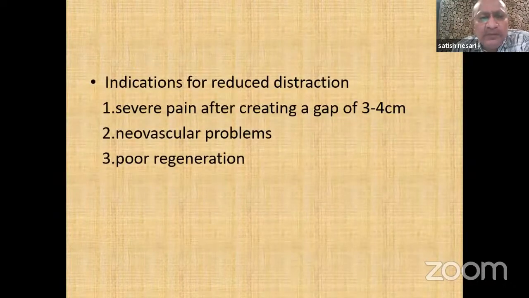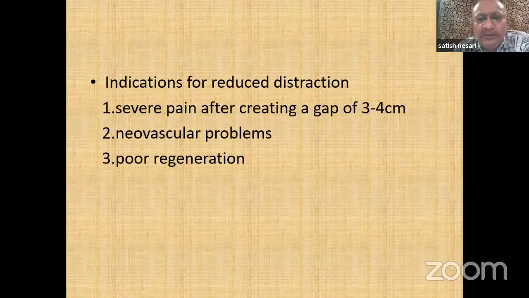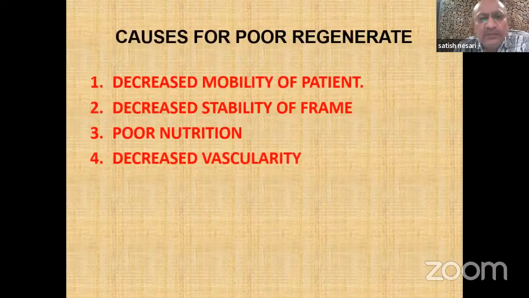Every time we need to reduce the distraction sometimes. In case of severe pain, you have to reduce the distraction or sometimes stop the distraction. And if you encounter any neurovascular problems or a poor regenerate, you may have to reduce or sometimes stop it. What are the causes for poor regenerate?